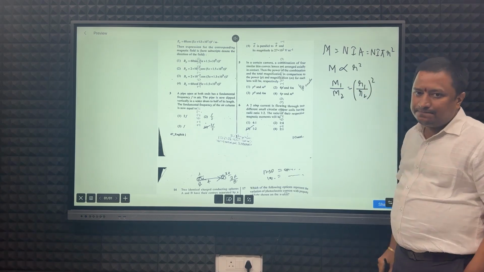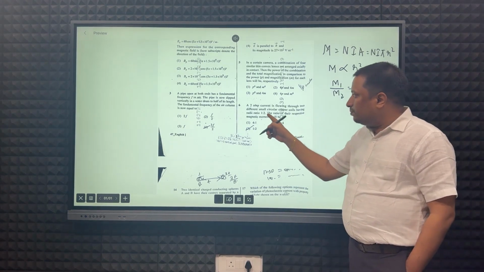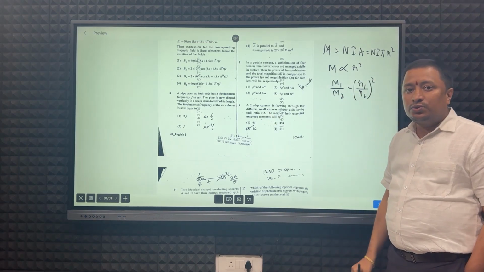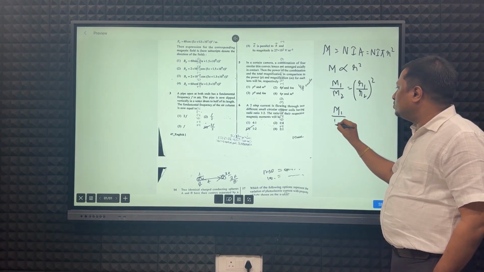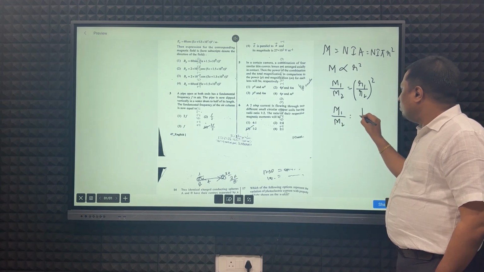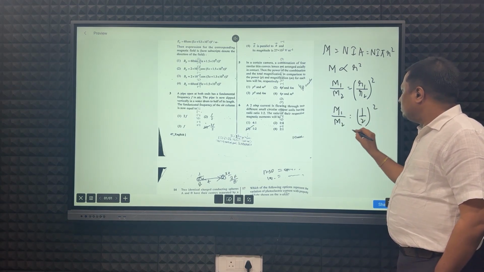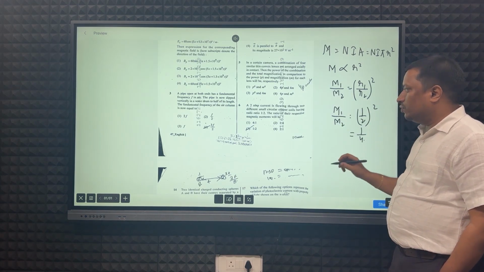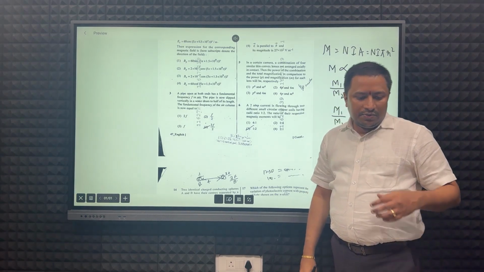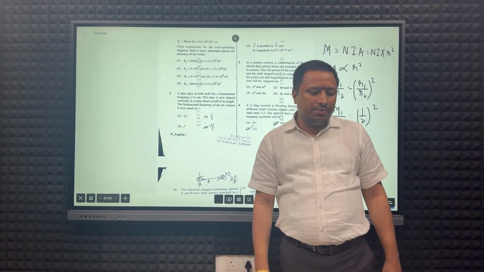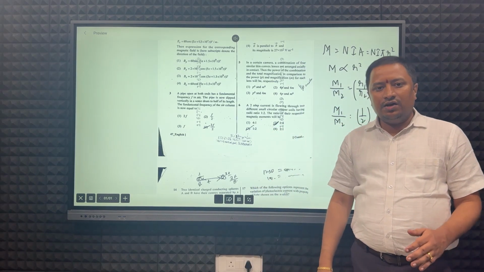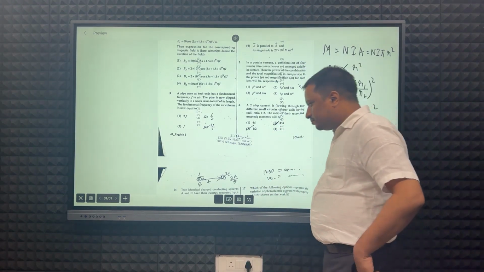Are you okay with this? If this is the scenario, please tell me, ratio of radius is what? 1:2. So obviously magnetic moment ratio will become what? M1:M2, 1/2 whole square, that is 1/4. 1:4. Which answer will be correct? Second option will be correct. This is till question number 6, first page.